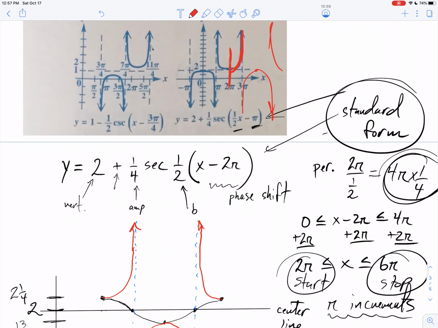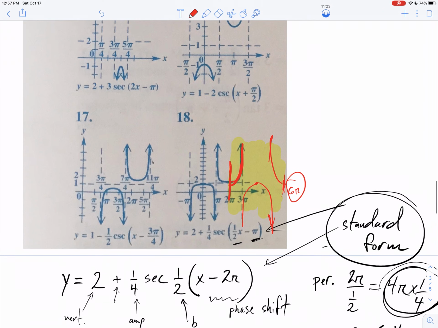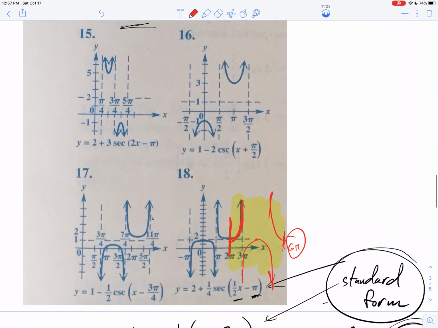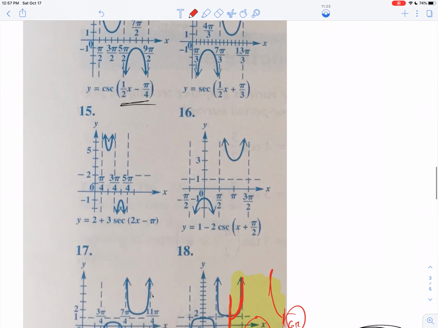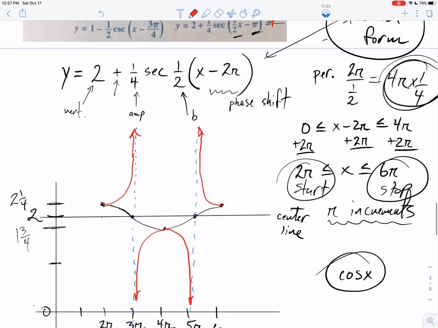I don't know why they didn't do that, but you got to kind of be a little bit detective-like on this situation here, because if you were to apply the shift, your graph should start at 2 pi and then stop at 6 pi, like ours did. So be careful when you're checking your answers. They did this really weird when it comes to secants. Cosecants, not so much, but the secants are weird. So when you're checking them, be cautious.